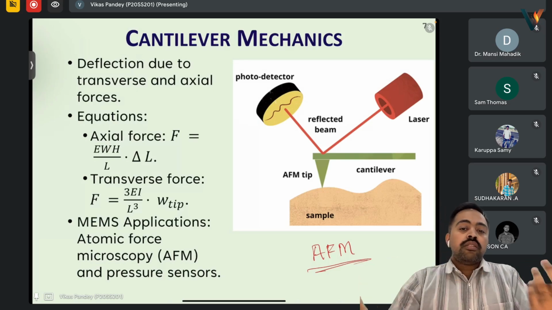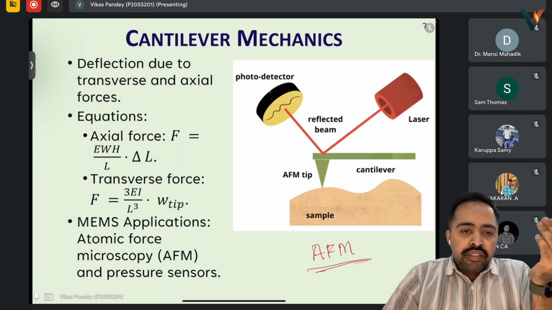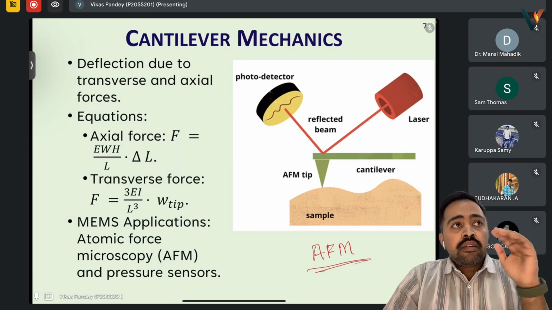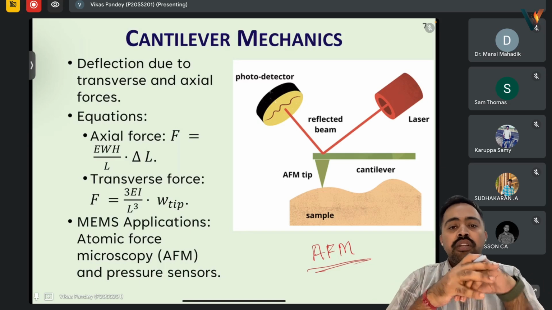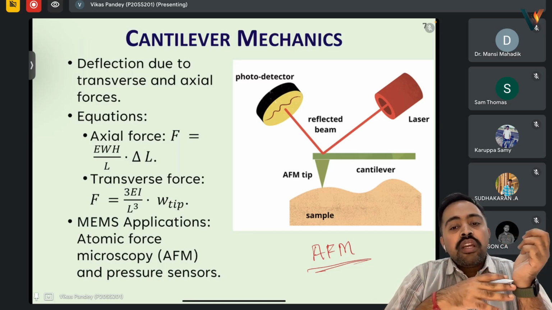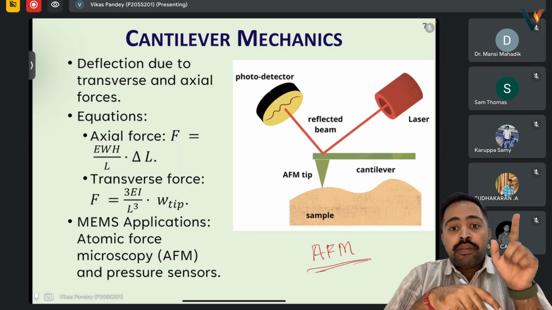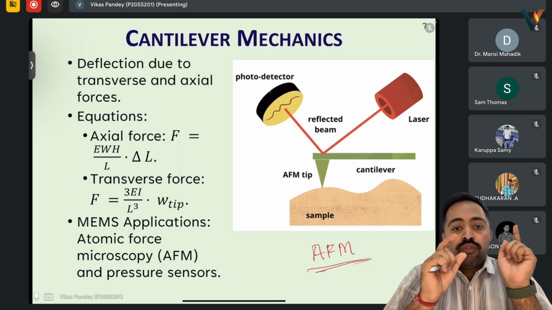Such things we can see using specialized techniques like SEM, FESEM, and to understand the surface roughness, we use a technique called AFM, atomic force microscopy, and it uses a MEMS cantilever for this purpose.